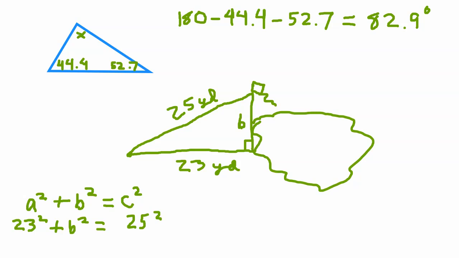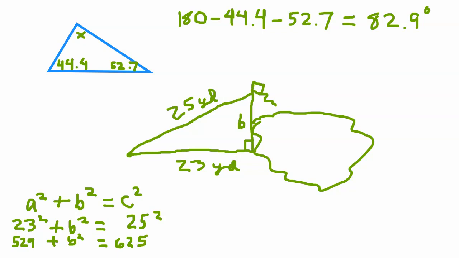We have 23 squared is 529. We don't know b squared, so we'll keep it as b squared. And 25 squared is 625.